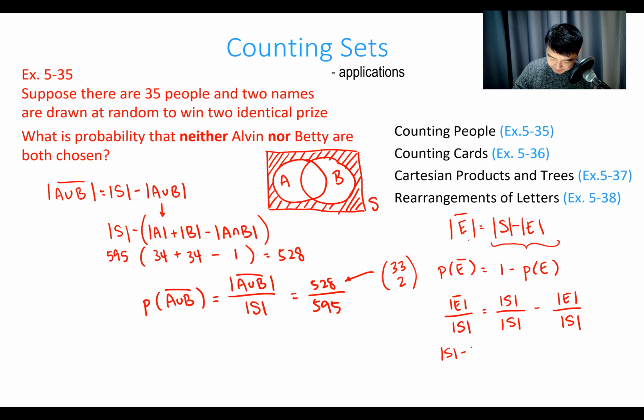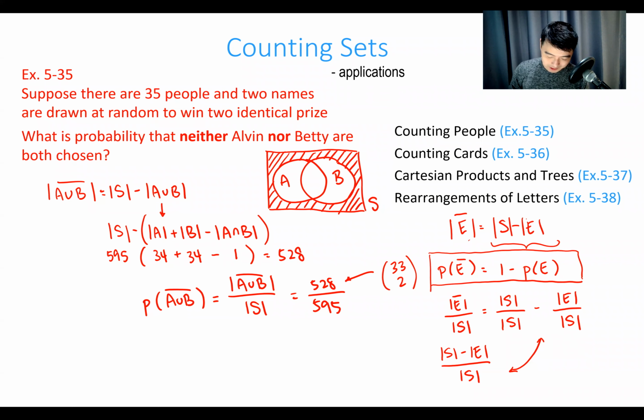So the size of S minus the size of E over the size of S. And now I hope you can see that the left-hand side and the right-hand side are exactly the same. So anyways, the only thing that I want you to take out of this is that this is a property of probability. So just make sure you understand that part.